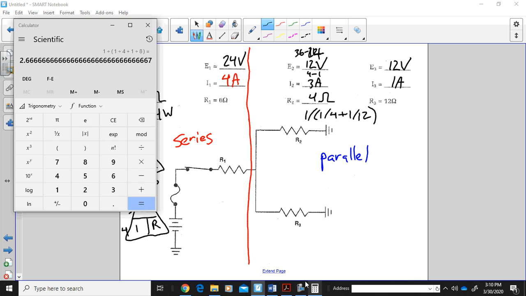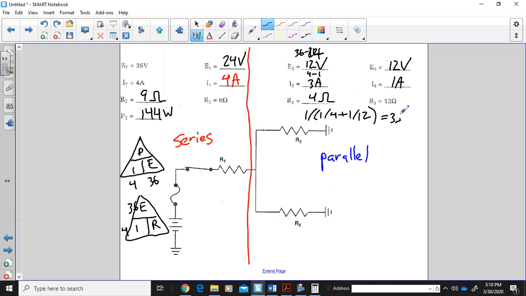And calculator helps in this case. 1 divided by parentheses 1 divided by 4 plus 1 divided by 12, close parentheses, equals, so we know this equals 3 ohms, which is what we wanted. 3 plus the 6 gets me to the 9, so I'm confident with this answer.